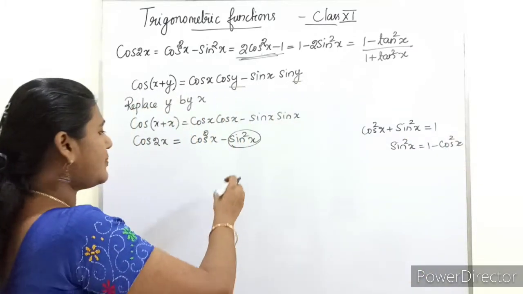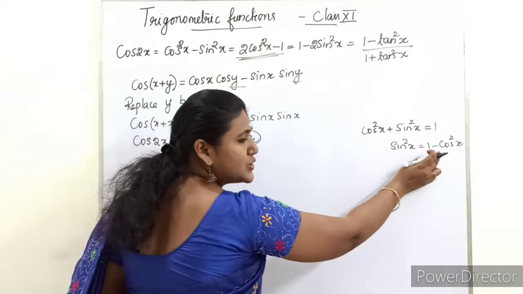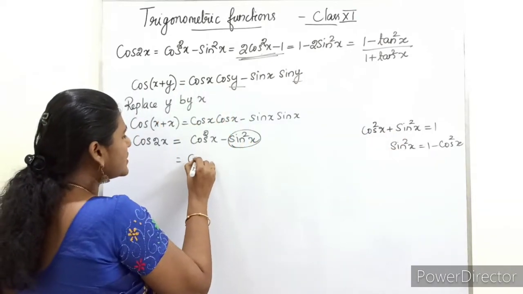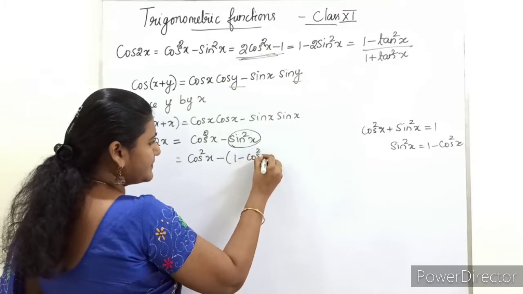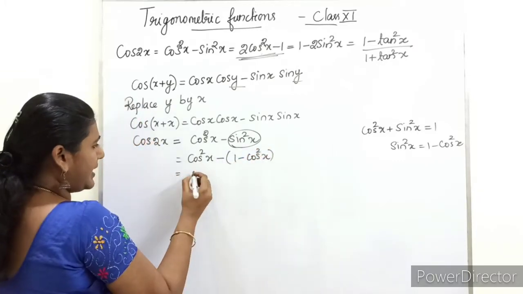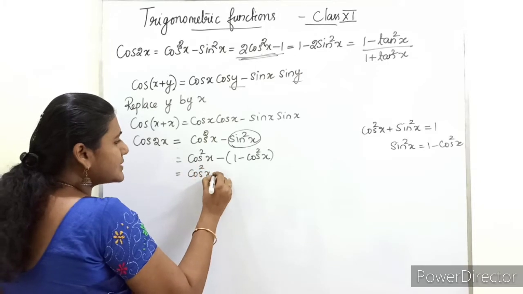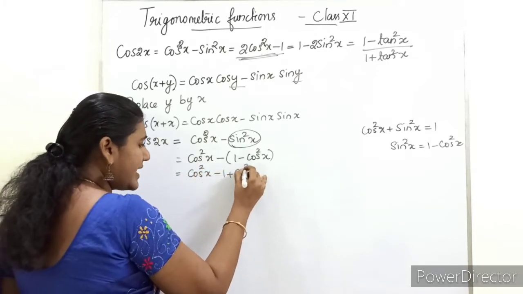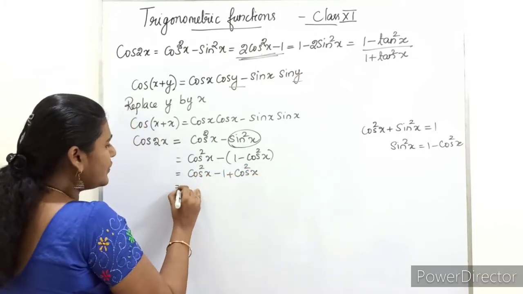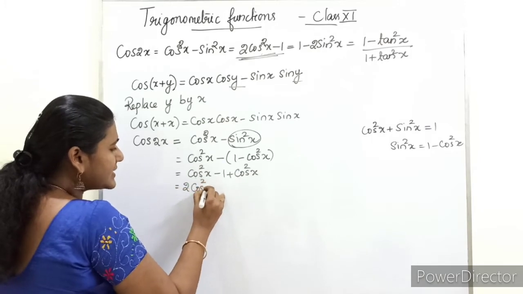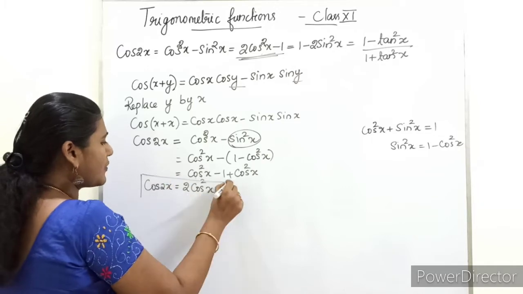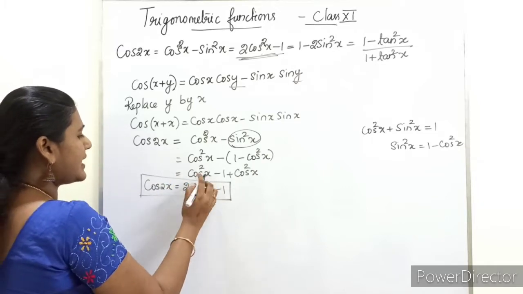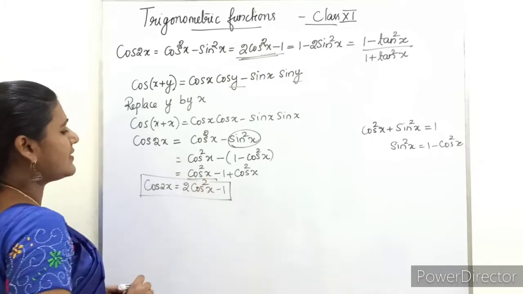In the place of sin square we substitute this value: cos square x minus (1 minus cos square x). Multiplying with the minus sign, cos square x minus 1 plus cos square x. When you simplify, you get 2 cos square x minus 1. So this is the second formula.